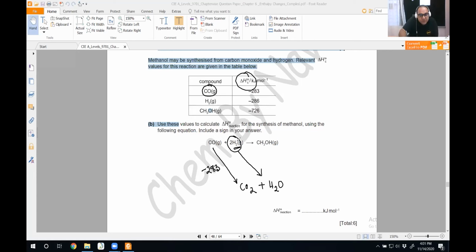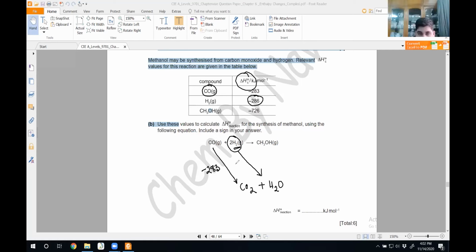How many moles of hydrogen are here? 2. And what is the definition of combustion? When 1 mole of any substance reacts in excess oxygen under standard conditions. So the value of minus 286, is it for 1 mole of combustion of hydrogen or 2 moles? 1 mole.